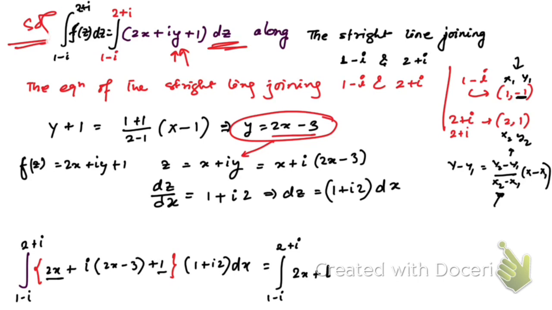This one plus 1, this is the real part, right? Then the imaginary part is this, i twice x minus 3, into 1 plus i into 2 dx. Now let me copy this step and go to the next slide.